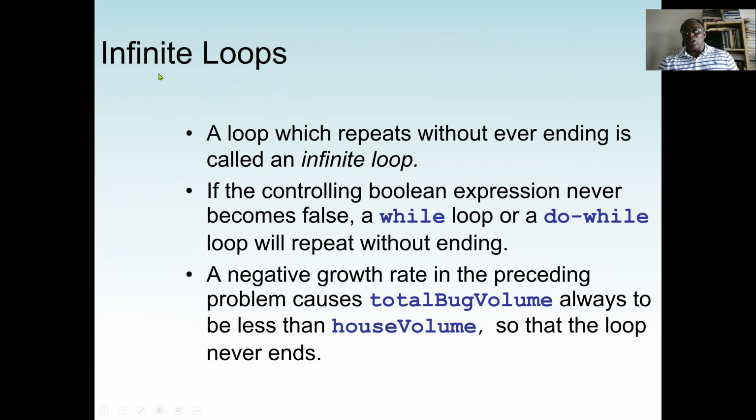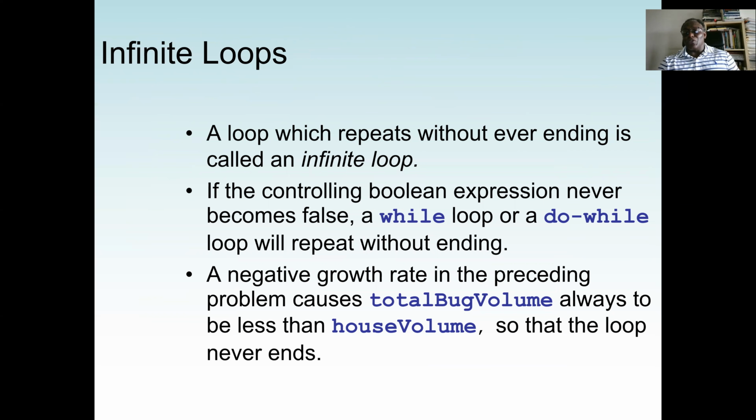So we also said that we have something called infinity loops. Infinity loops are loops that will execute forever. So a loop which repeats without ever ending is called an infinity loop. What causes an infinity loop is that the condition that makes it false will never come, because we want a false condition to exit from the loop.